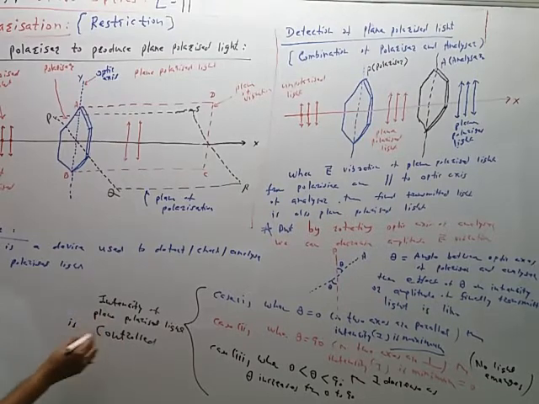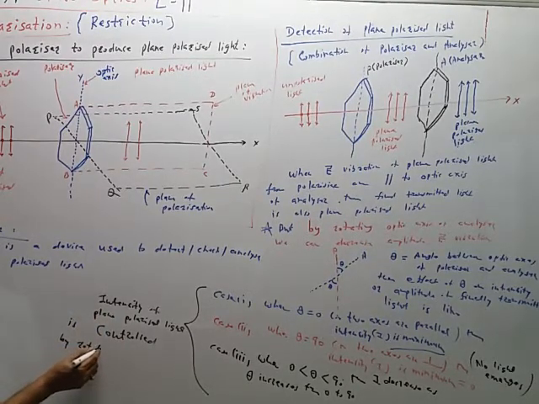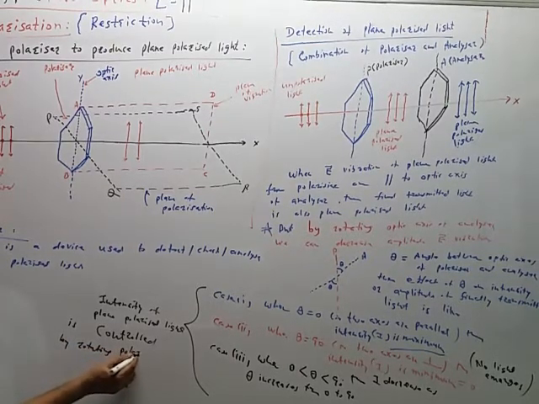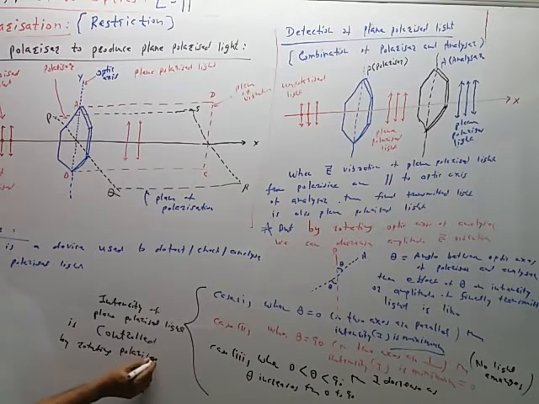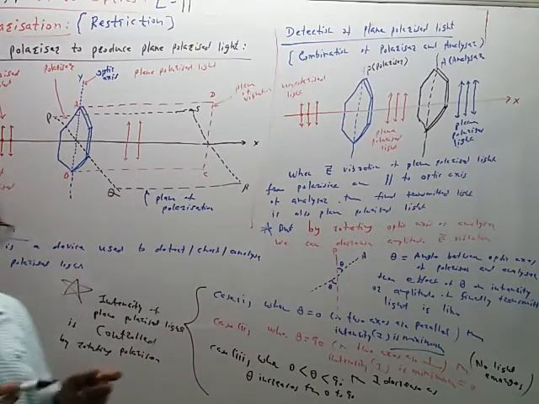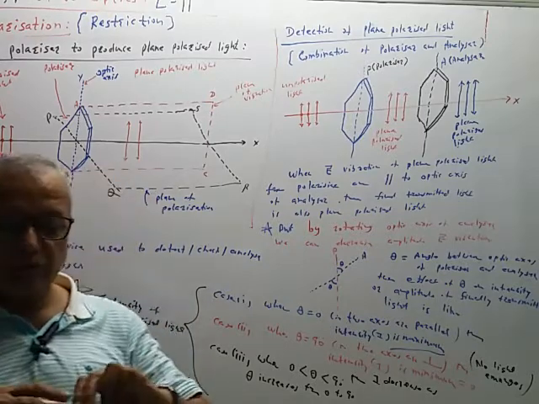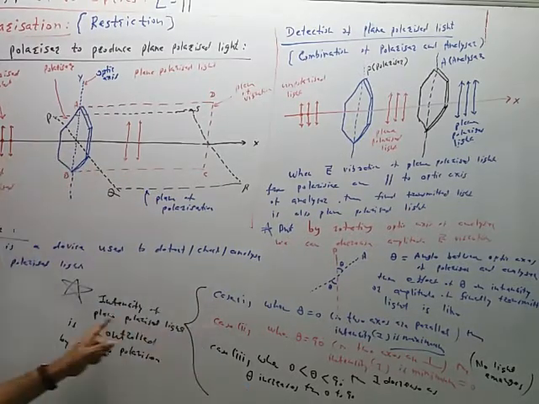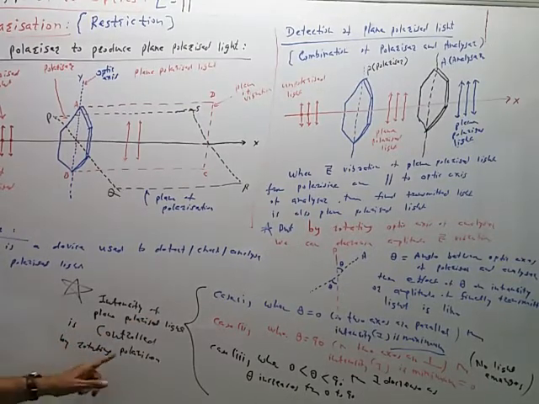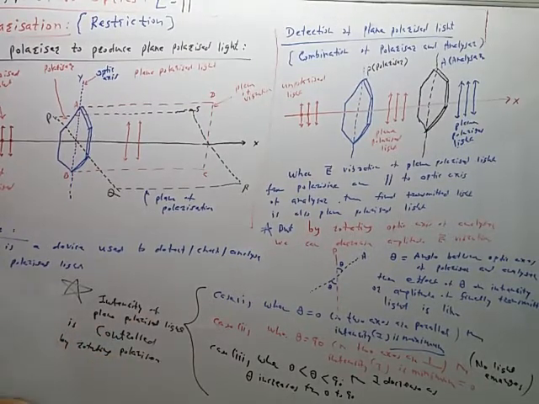The intensity of the plane polarized light is controlled from maximum to minimum by rotating the polarizer. When we look at applications of the polarization phenomenon, this is the main point, intensity control.